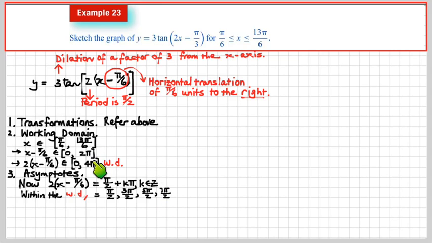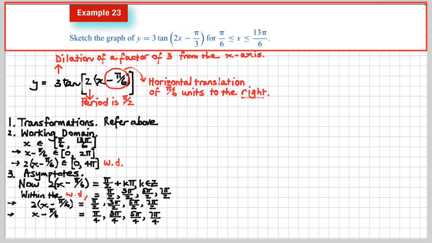We had to go to 4 pi, didn't we? So that's going forwards. What about backwards? Oh, no, we don't have to go backwards. We're just going from 0 to 4 pi. Sorry about that. So pi on 2, 3 pi on 2, 5 pi on 2, 7 pi on 2. That's 3.5 pi. Any more than that would be too far within our working domain.